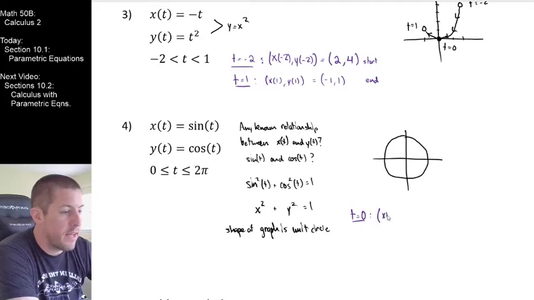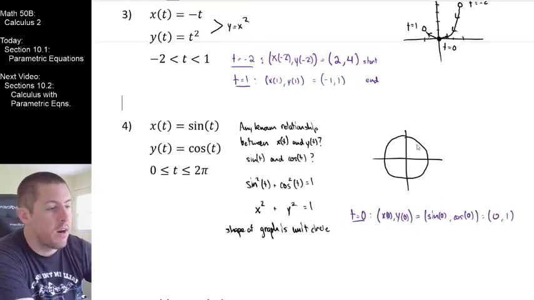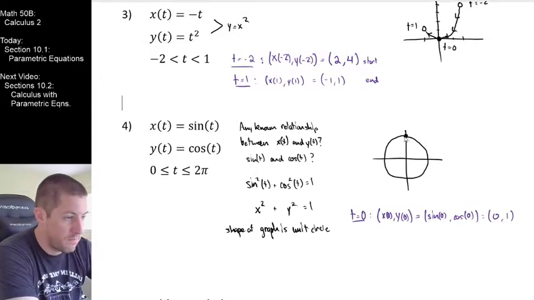We should be getting x of 0, y of 0 equals sine of 0, cosine of 0, which seems to be located at (0, 1). So that tells me that we're starting here at the top of the circle. This is our initial location.